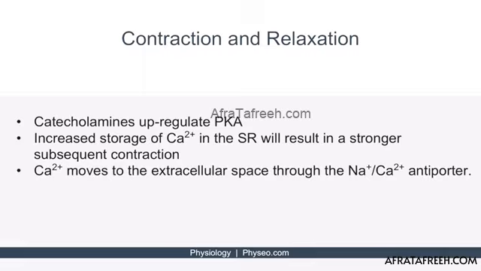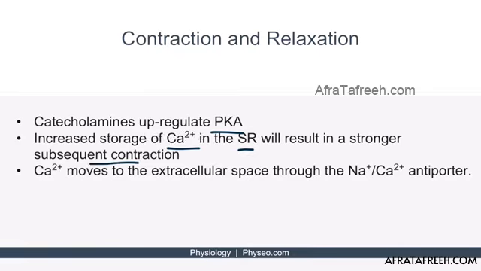Catecholamines upregulate protein kinase A, which ultimately inhibits phospholamban and allows the SERCA channel to pump more calcium back into the sarcoplasmic reticulum. The increased storage of calcium in the SR will result in a stronger subsequent contraction. Finally, calcium also moves from the cytosol to the extracellular space through the sodium-calcium antiporter.